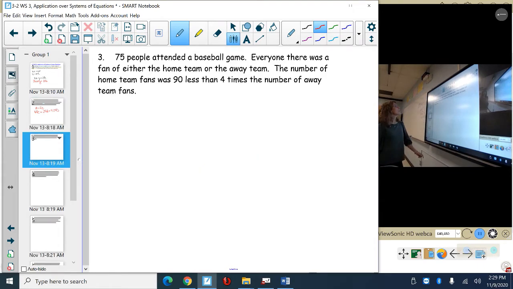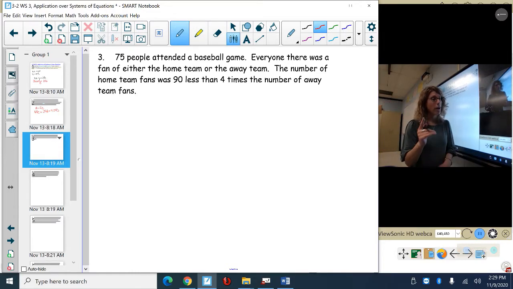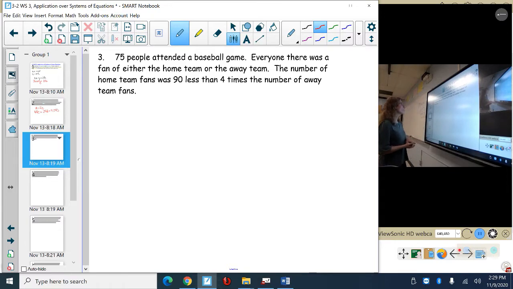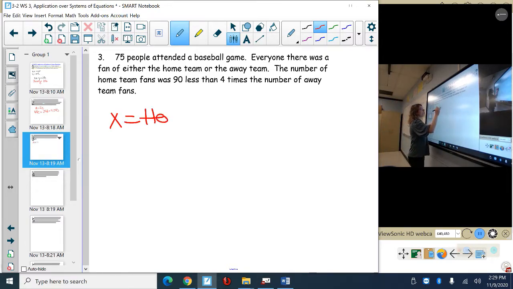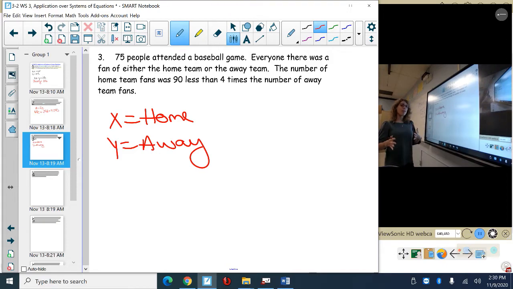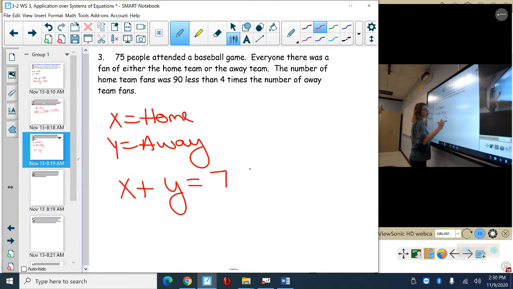Number 3, 75 people attended a baseball game. So usually when you're at a baseball game, there's 2 teams, home and away, right? Everyone there was either a fan of the home team or the away team. So X is going to be my home fans. Y is going to be my away fans. There were 75 people there. So my home fans plus my away fans have to equal my total fans, which was 75.